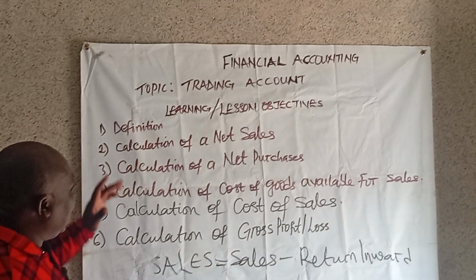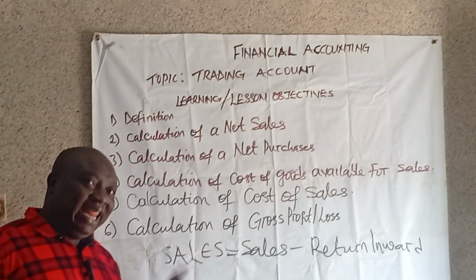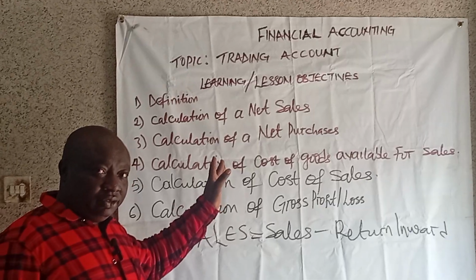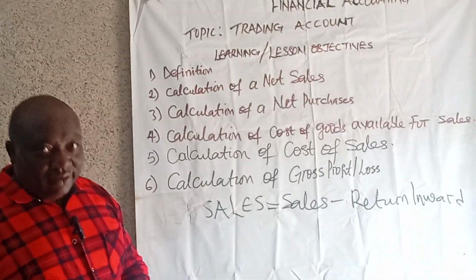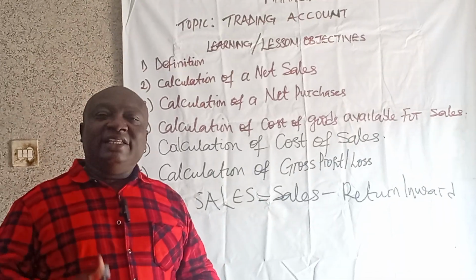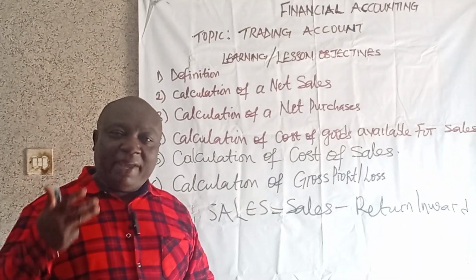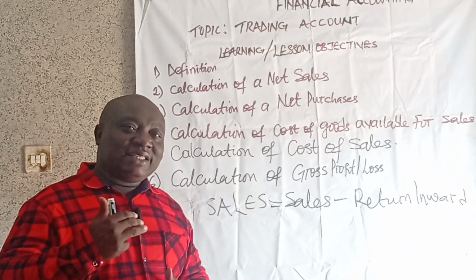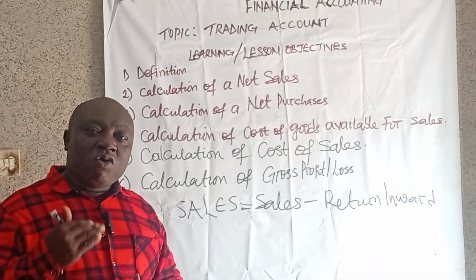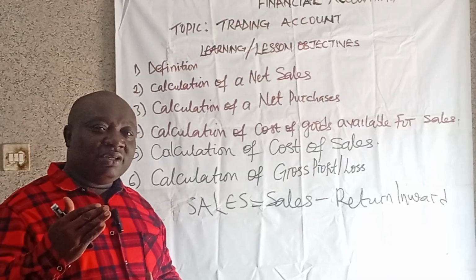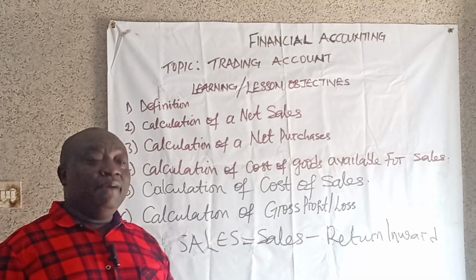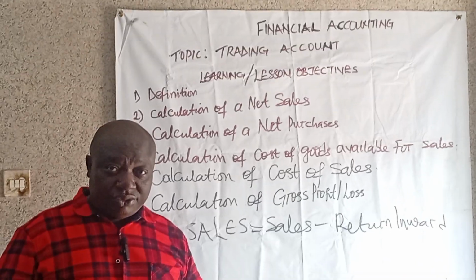Look at the lesson objectives. The first on the list is the definition of a trading account. What is a trading account? It is an account that is prepared to ascertain the level of gross profit or gross loss achieved during a particular accounting period.